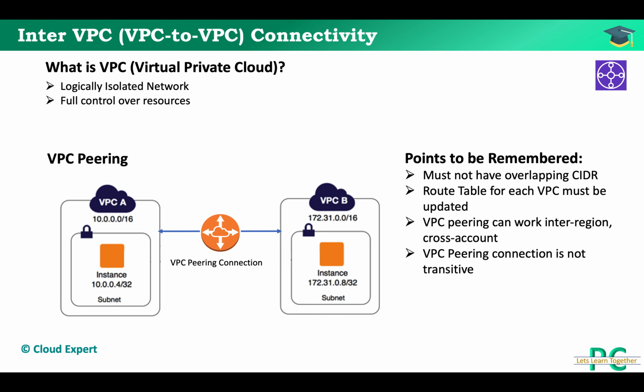Now I would like to say a couple of points that you should remember for VPC peering. The first point is that there should not be any overlapping CIDR between the two VPCs you are going to peer.